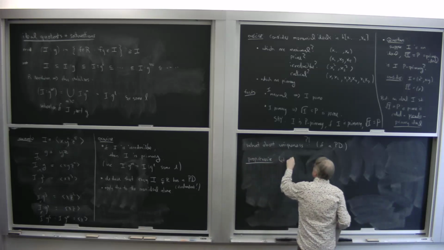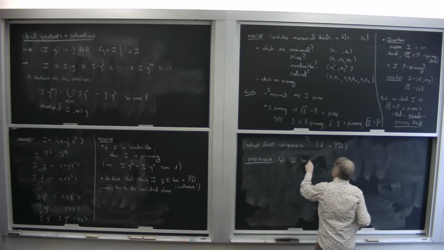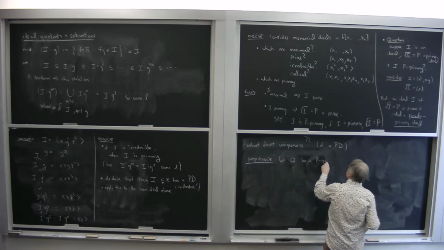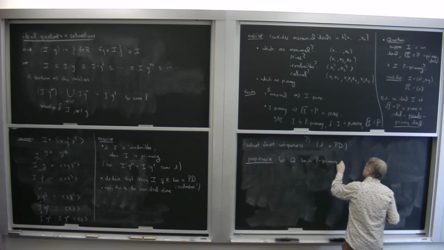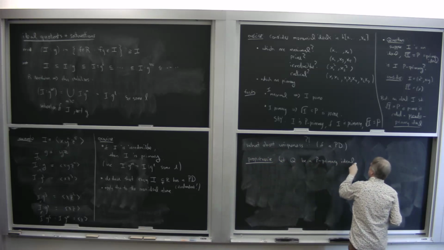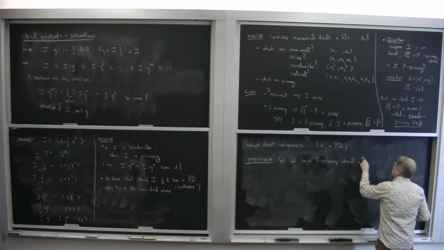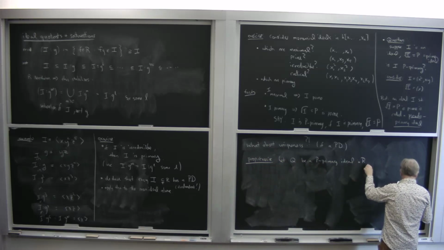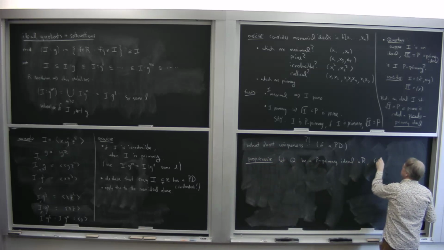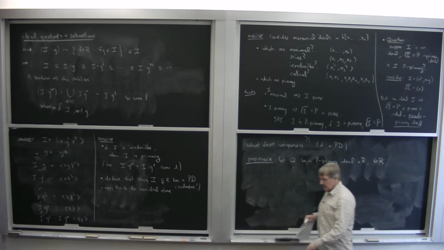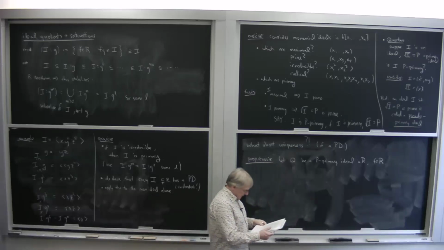Let Q be a P primary ideal in R, and let F be an element. Sometimes I use F and sometimes I use G, but it doesn't matter.